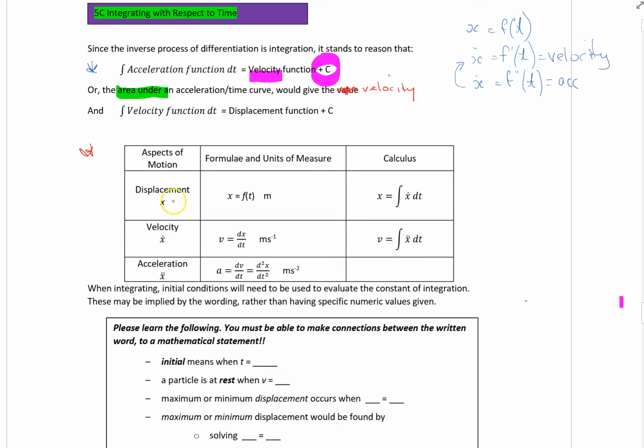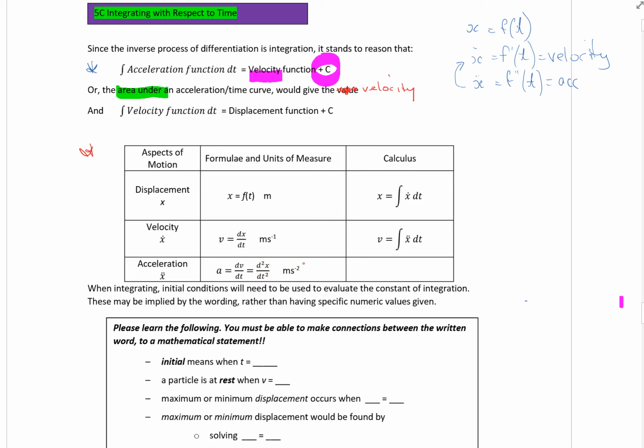The previous exercise, you were most commonly given your function in time for displacement because you went ahead then and differentiated. So it's more like exercise 5B was about this column, moving from displacement through to velocity by differentiating, and then through to acceleration by differentiating again.